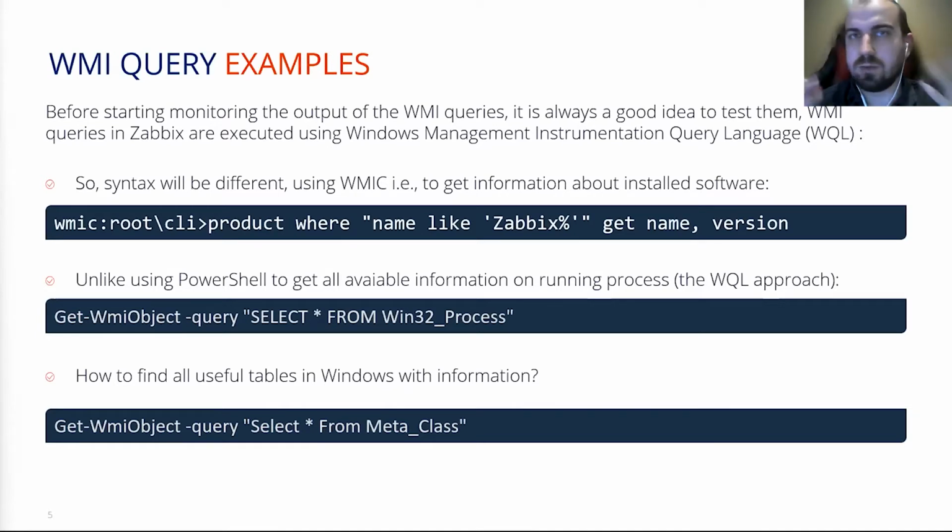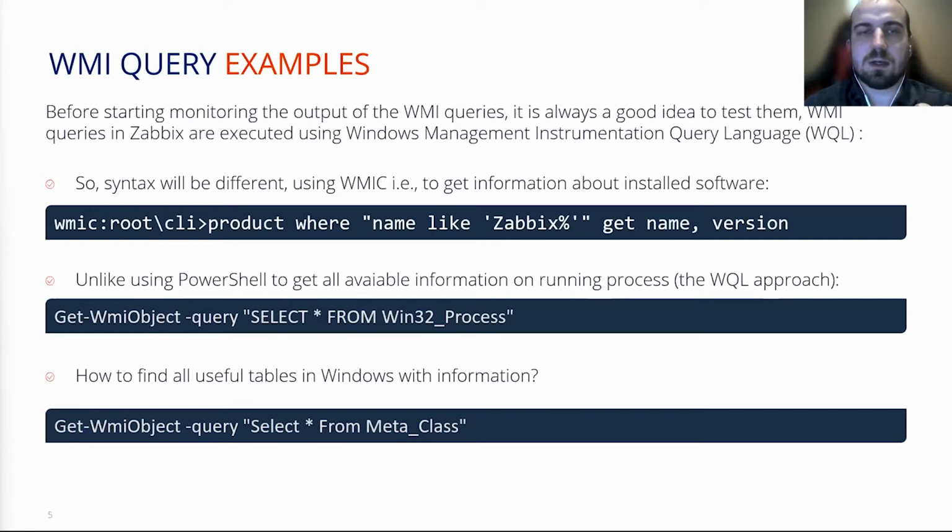And if you search a bit, you can find a lot of what I would call top WQL queries that I use daily as a Windows administrator to get information. That is covered in a lot of places, including, of course, those slides, so you can use them in Zabbix.